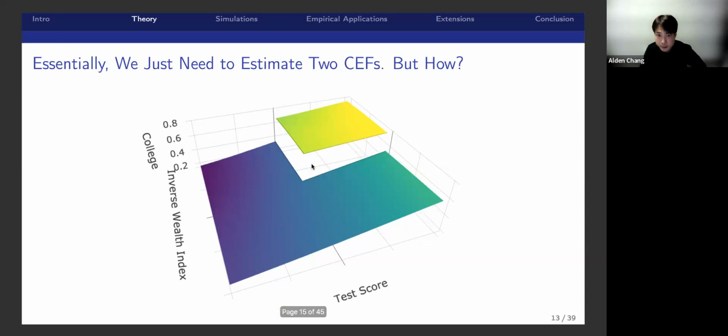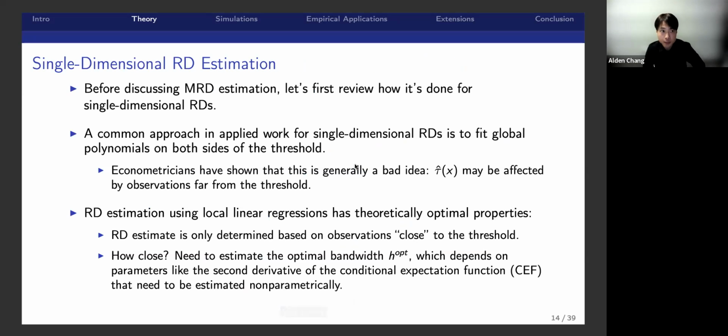This sounds simple, but the question now is how to estimate these surfaces in a sensible way. Before talking about how we do this for MRD designs, let me first talk about how people used to do it for single dimensional RD designs, and some of the intuition for what type of estimation method is sensible should carry over.